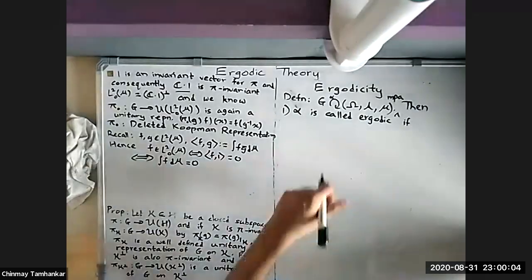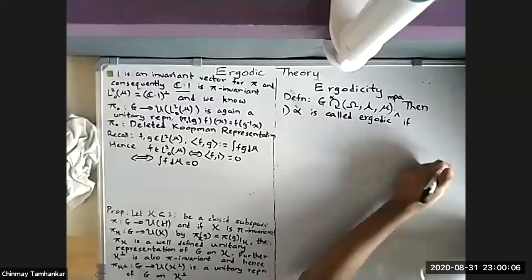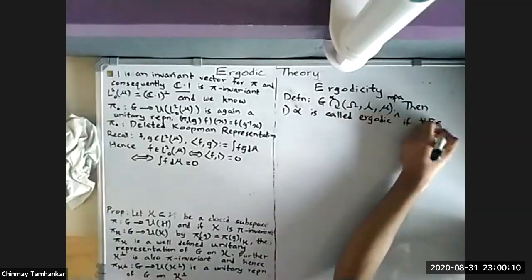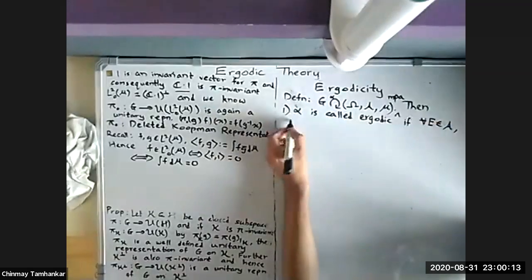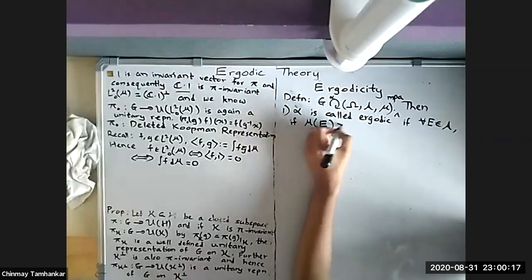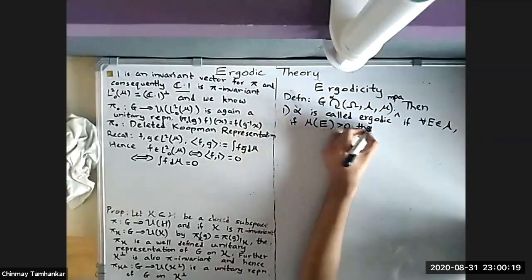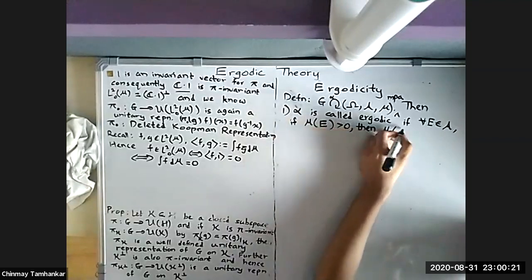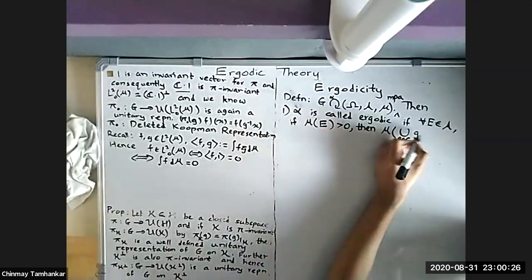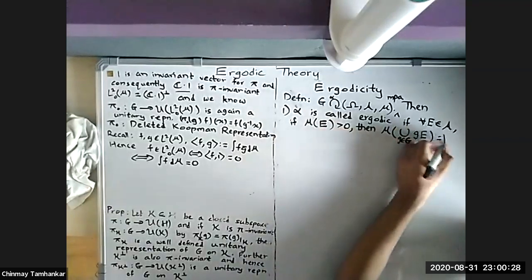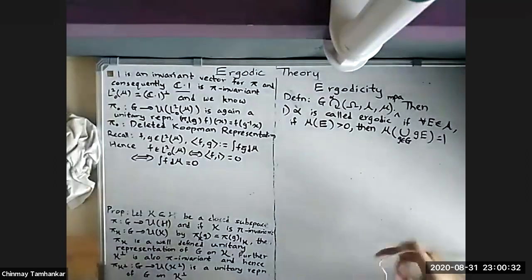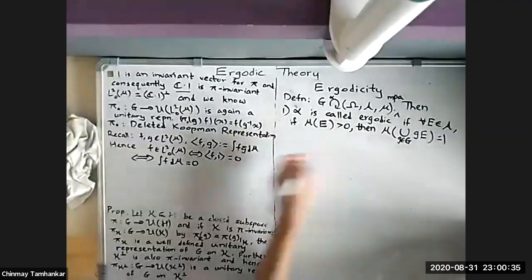So alpha is called ergodic if for every measurable E, if ... then ... So this is like saying it is a transitive action.